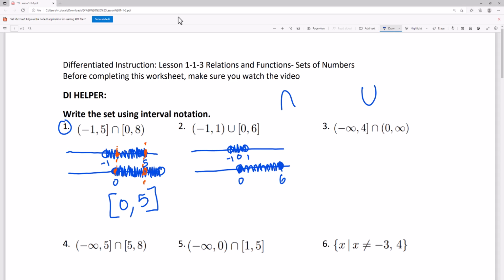And so now, it might be helpful to combine them into a new number line. So combining that, I get -1 with an open circle, and it's all of that until I get to 6. So my answer is going to be from -1 to 6.